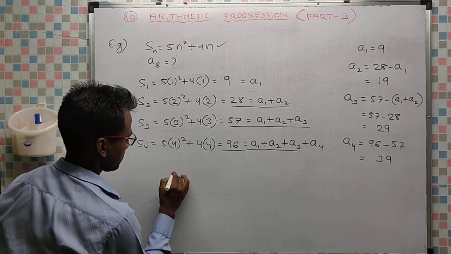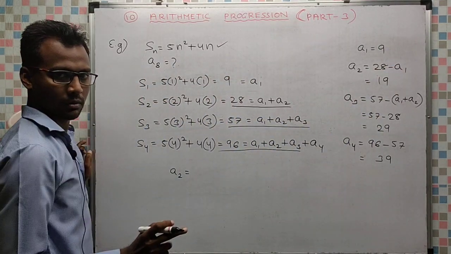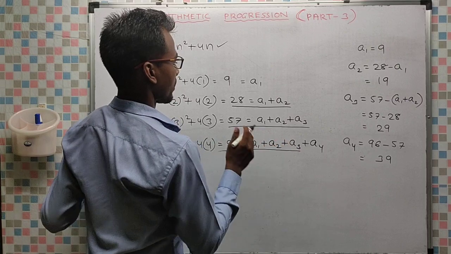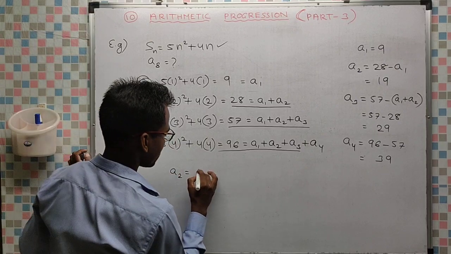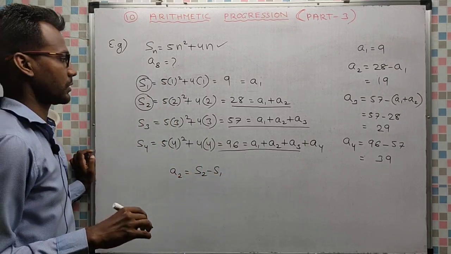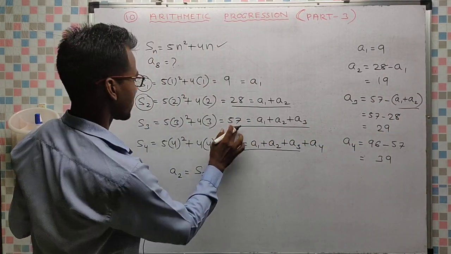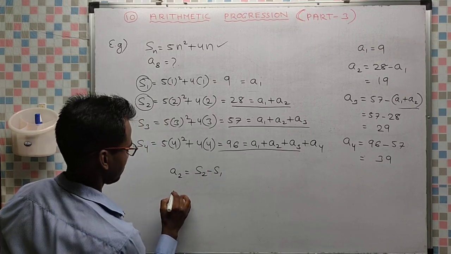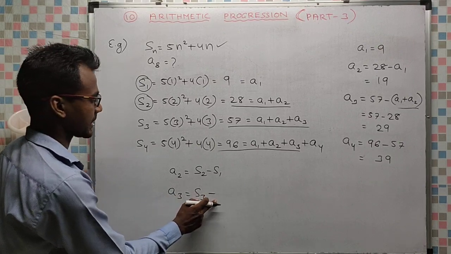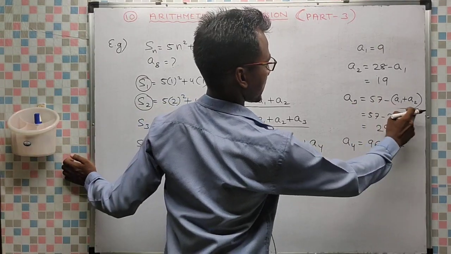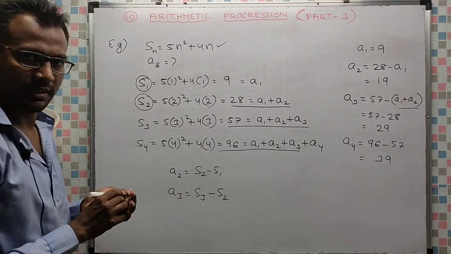How did we get A2? A2 is equal to 28 minus A1. What was 28? S2. What is A1? S1. So A2 is equal to S2 minus S1. How did we get A3? 57 minus this. What is 57? S3. A3 is equal to S3 minus, 57 minus A1 plus A2. What is A1 plus A2? S2. So from this you can get a relation.